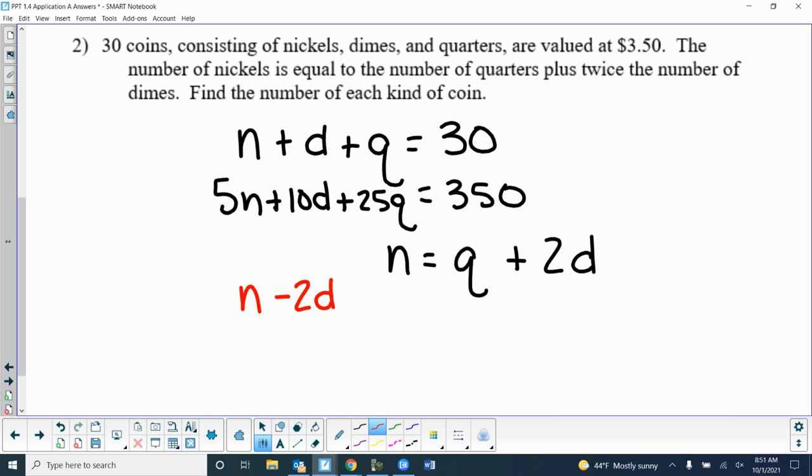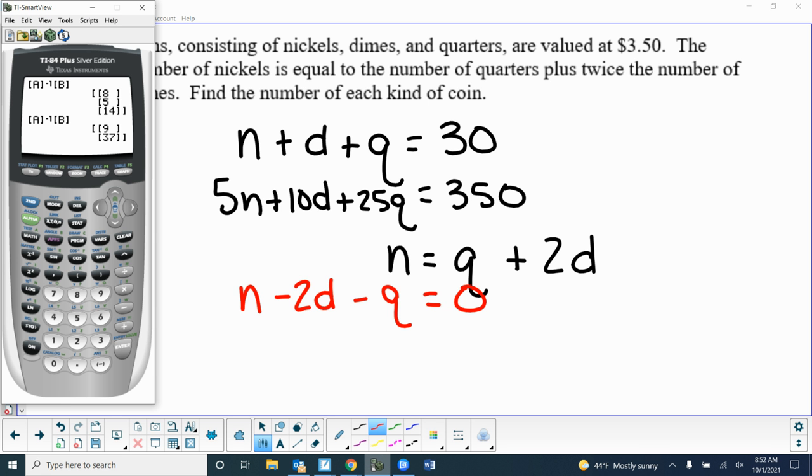What happens to the quarter since I moved it over? Negative. Since those are gone, what's left over there? Nothing. How do we write nothing? 0. So there's our third equation then. So we got things lined up. Okay? Questions on that? Is that making sense to you?